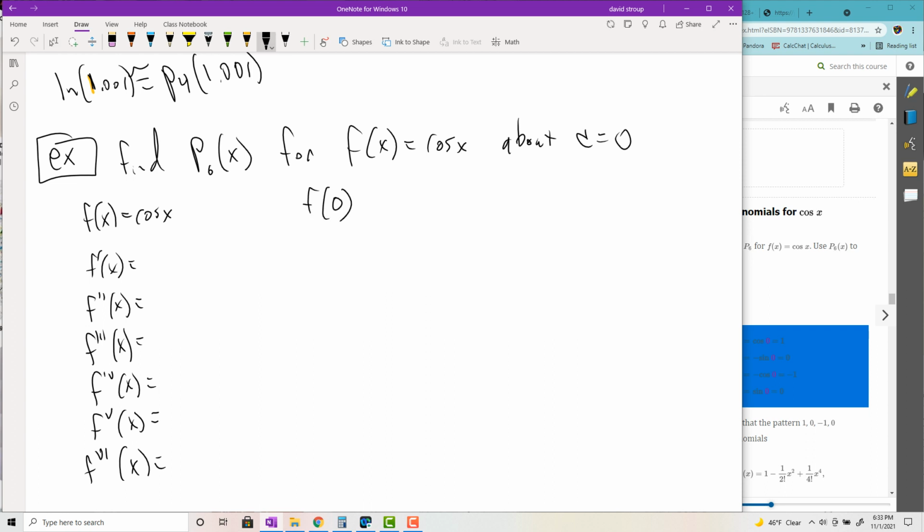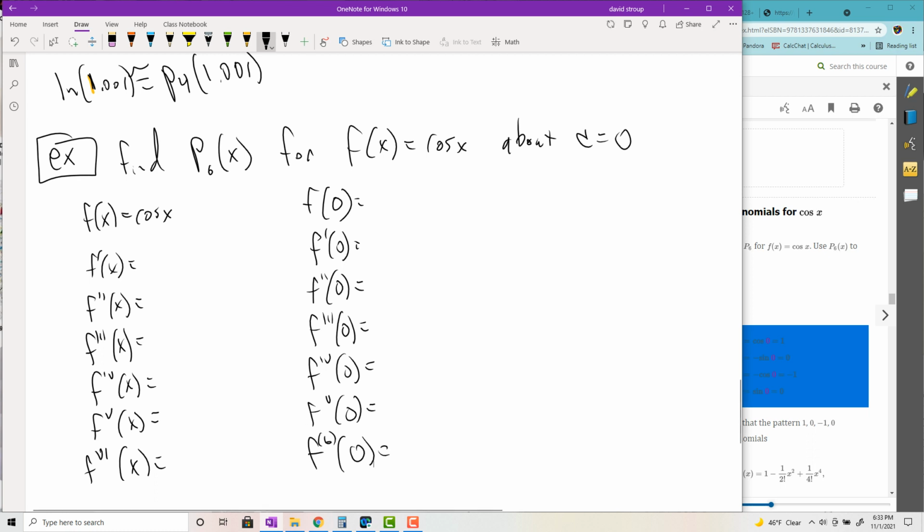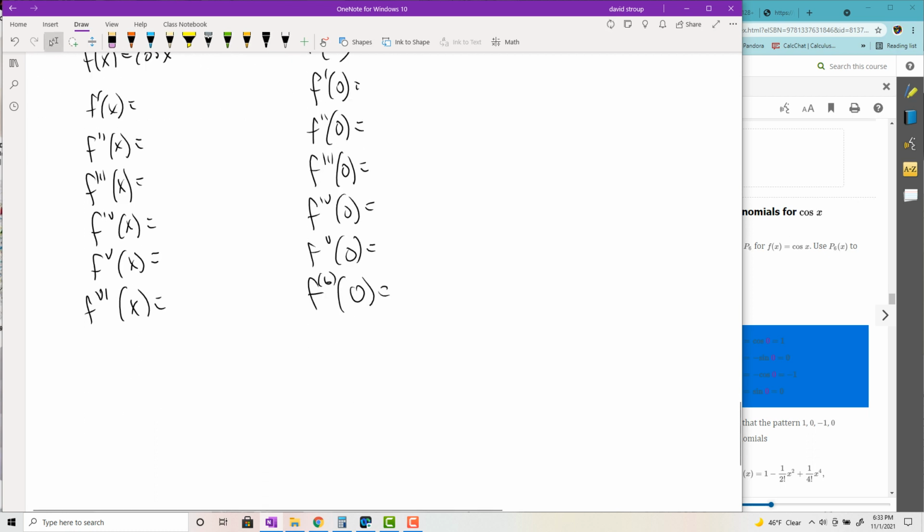And then evaluate them all at 0. And if you want to, instead of writing the Roman numerals, you could just put like 6 in parentheses. That's the same thing. And then I want P sub 6, a Maclaurin.